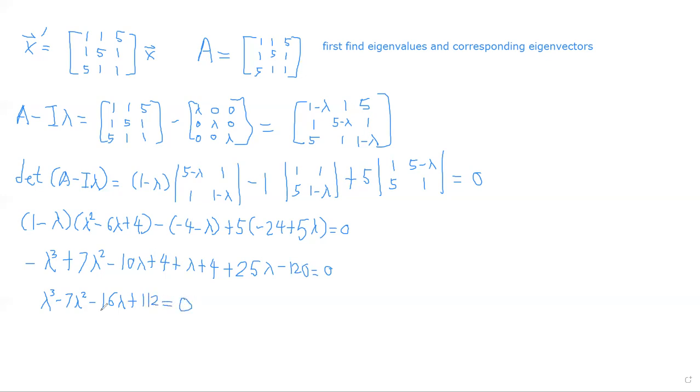Now, at this point, you can use the factor theorem, but I've got a much faster way, and that's to do it by factor by grouping. So here, you can factor out a lambda squared on the first 2 terms, and that's a lambda minus 7. And here, you can factor out a negative 16, and then get a lambda minus 7.